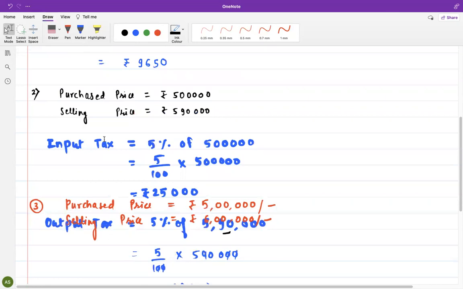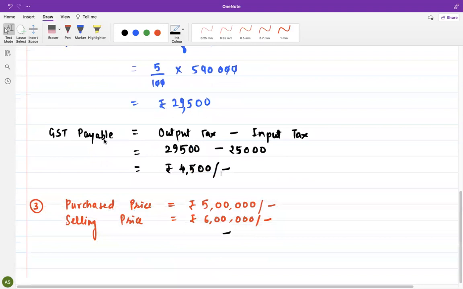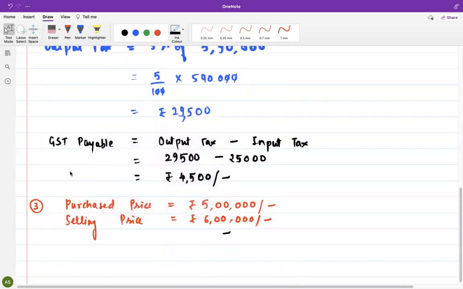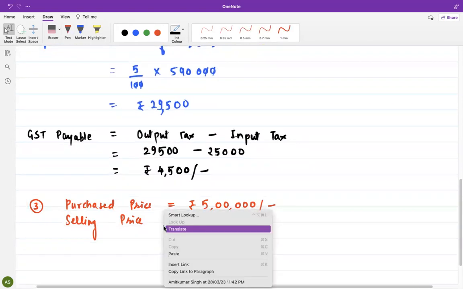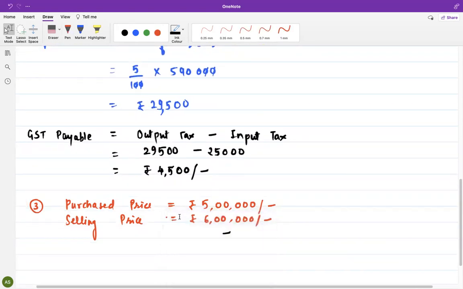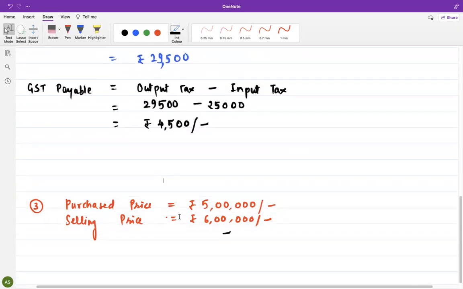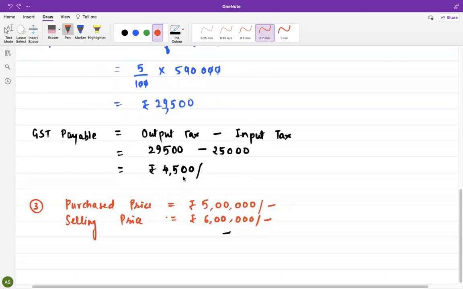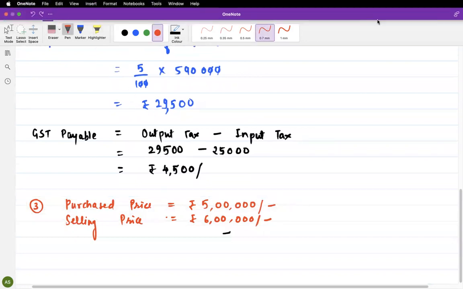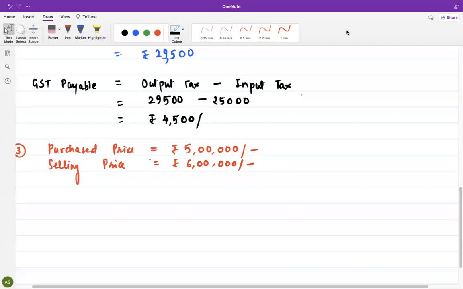So first we calculate the input tax, that is 12%. Okay, so I hope everybody would have calculated the ITC, that is input tax.